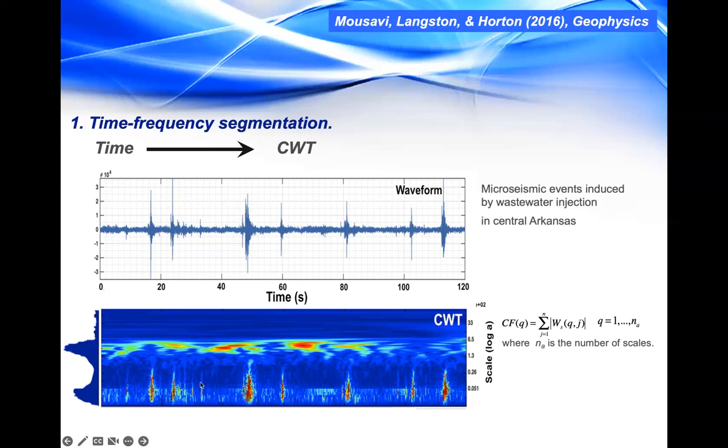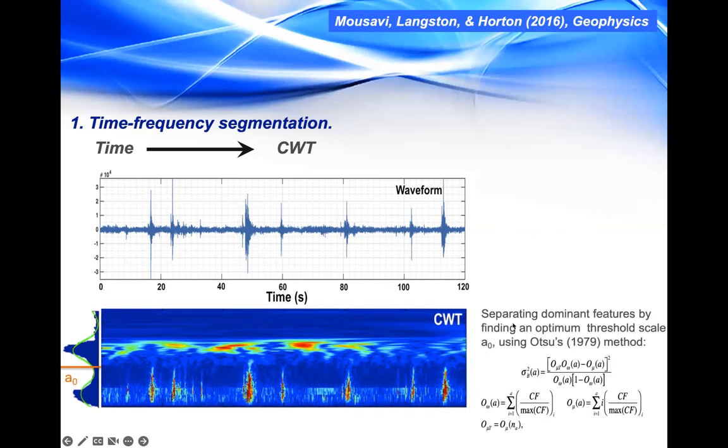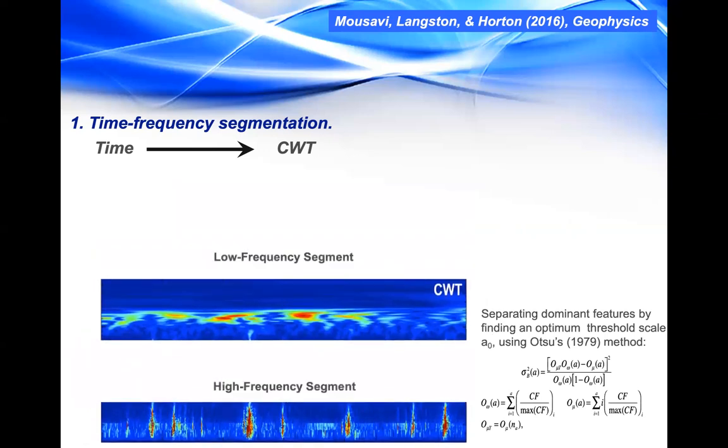Existence of these features causes the function to have two distinct peaks, so we can check this by distinguishing between unimodality and bimodality of the smoothed version of this function using the Akaike information criterion. Once we detect them, we can find an optimal scale using Otsu's method, and then separate the dominant features into two low and high frequency segments.